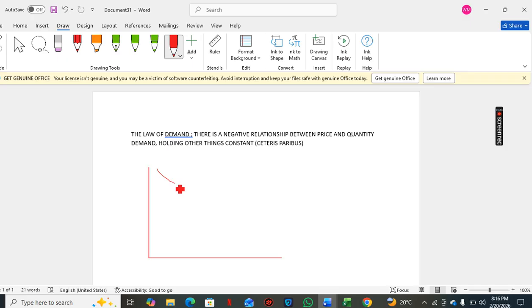So you have a demand curve like this, a downward sloping line. Like this. Okay, this downward sloping line is showing the negative relationship. Right?